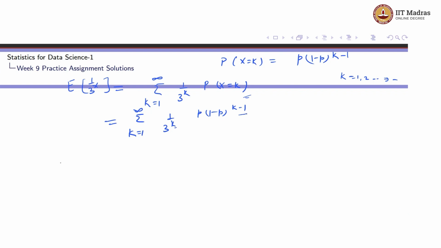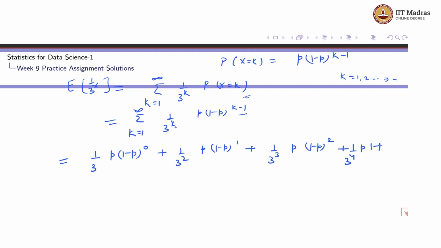Further, when we put in each value of k, we get 1 upon 3 times p(1 - p)^0, plus p(1 - p) upon 3 squared, plus p(1 - p)^2 upon 3 cubed, plus p(1 - p)^3, and it will go on like this.